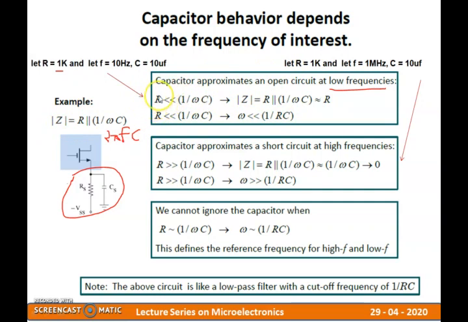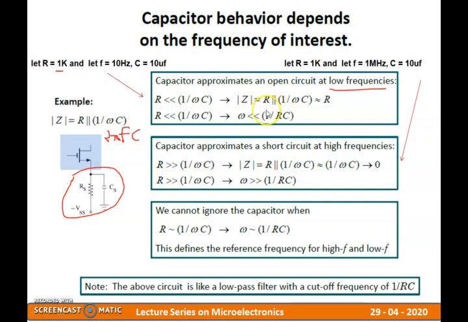And under low frequency, of the combination of R and 1 by omega C, the 1 by omega C will be much larger than R. Hence I have taken this particular term. So that's the result: I am going to get the impedance equal to R at low frequencies. If I readjust these terms, R much less than 1 over omega C, which means I can also write omega much less than 1 over RC.